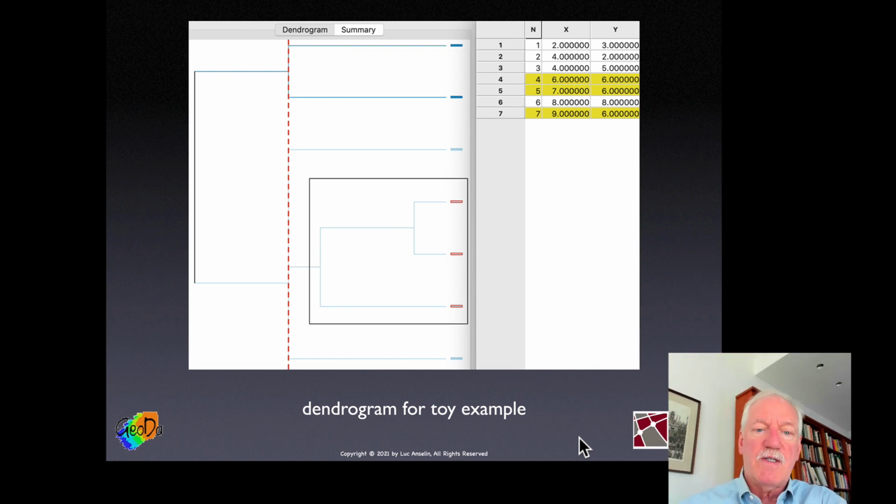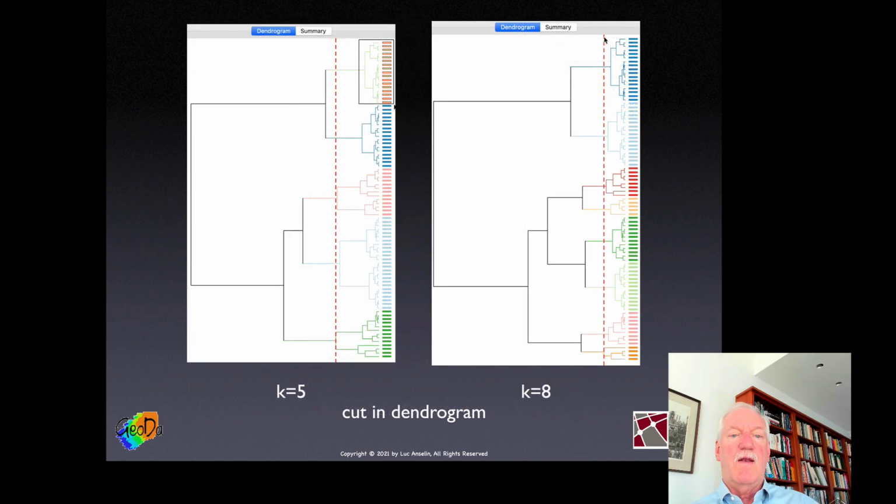Now, in practice, it looks more like this, and even this is a very small problem. It only has 85 observations, so you can clearly see which is which. On the left-hand side, we have an example where we cut at 5, and each of the clusters consists of these groupings to the right of the line, and the observations are highlighted in the color of the cluster.